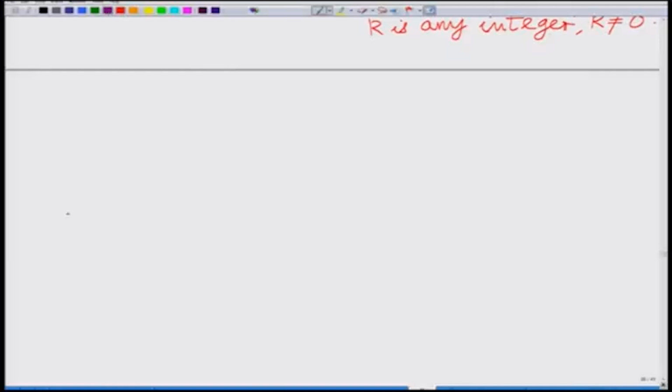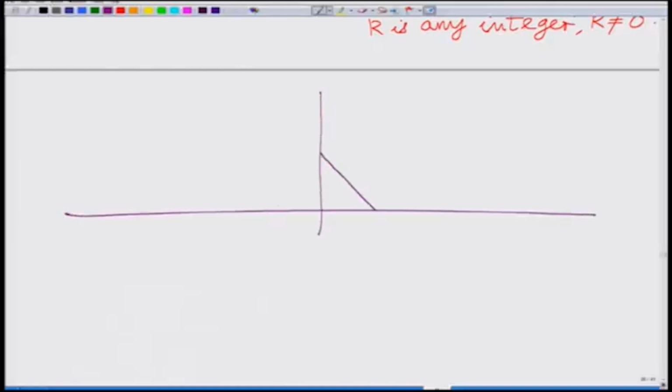So, let us plot this. We have our m delta f, which looks something like this. Let us say it is not aliased, it looks something like this. So this is your m delta f, this is your Fs, which is 1 over Ts, this is your Fs over 2, 1 over 2 Ts.